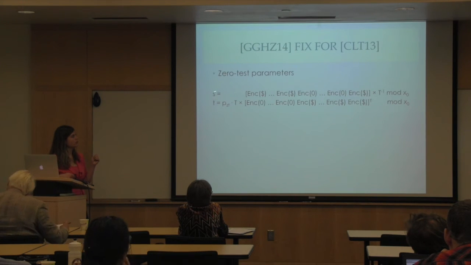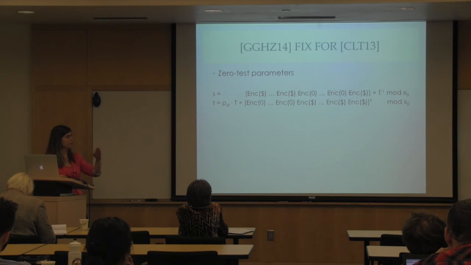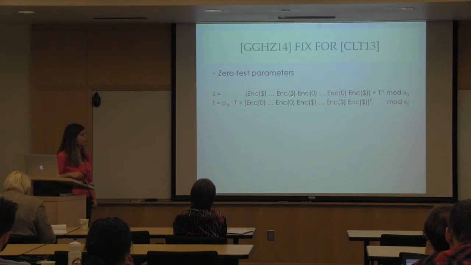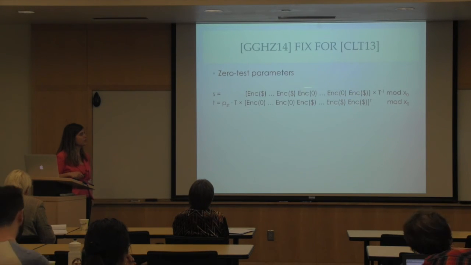So the first one will be multiplied on the right by T inverse. This is because we will need to cancel out this matrix T when we 0 test. And then the last component in this vector will be an encoding of a random element, and then the rest of the elements will be split.